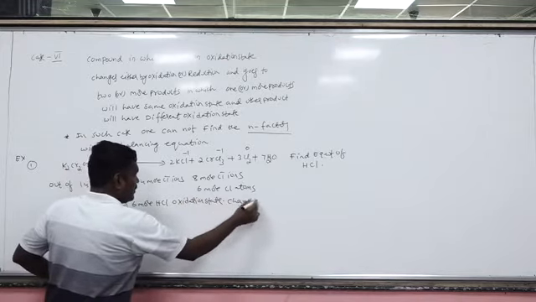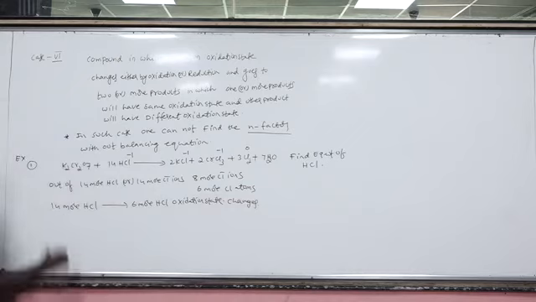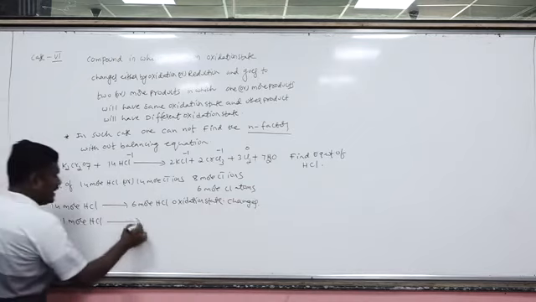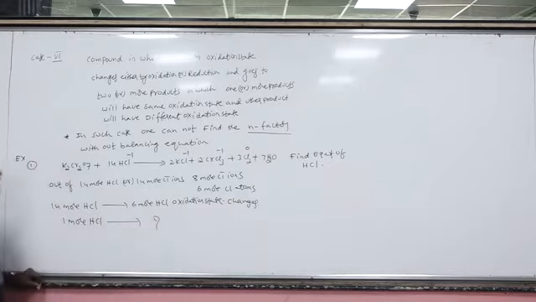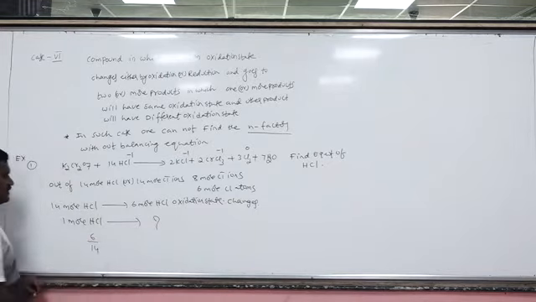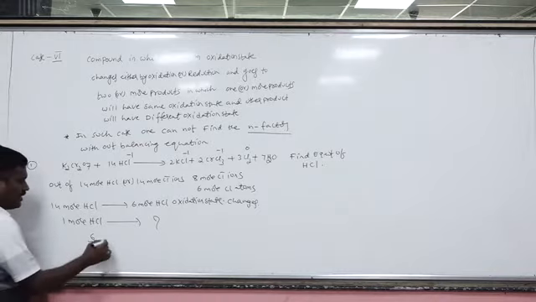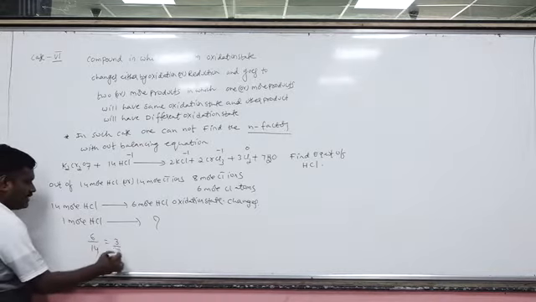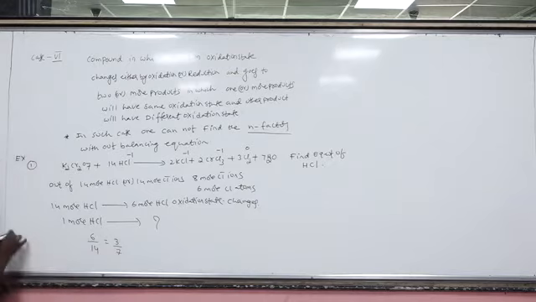We always have to take it per mole of the species. Per mole of the species, how many moles of HCl change oxidation number? That is 6 by 14. Are you getting my point? 3 by 7.